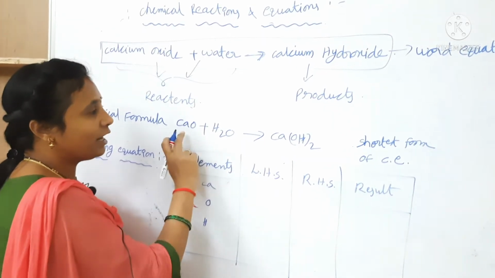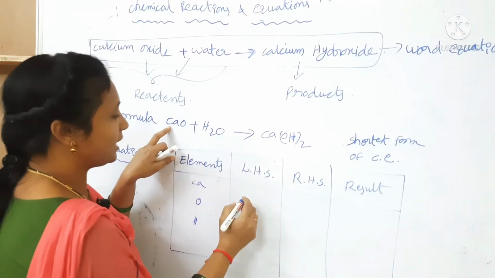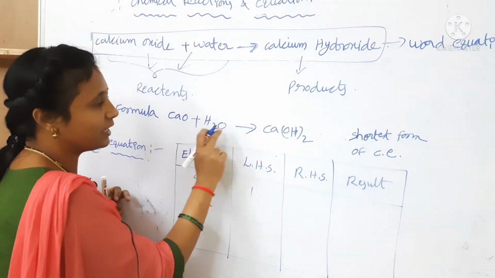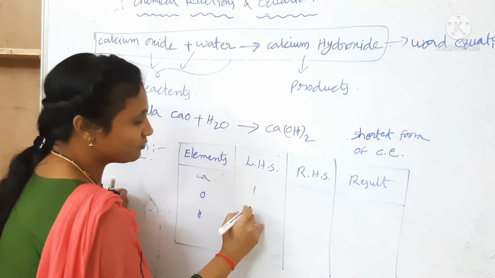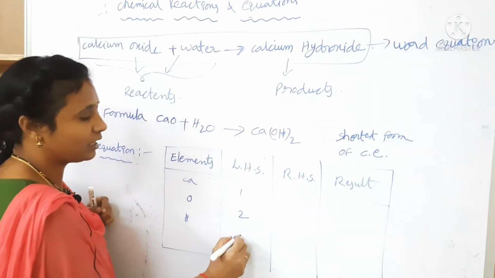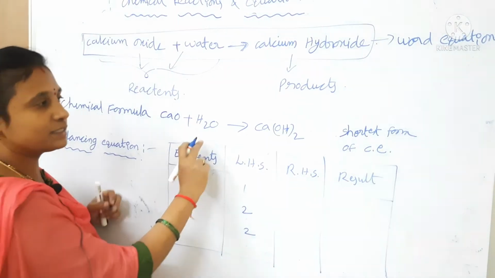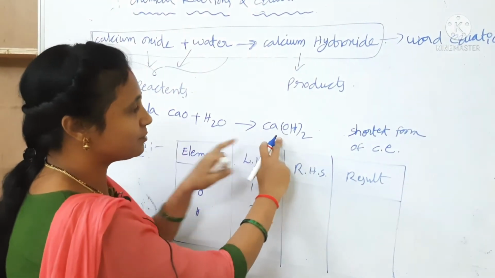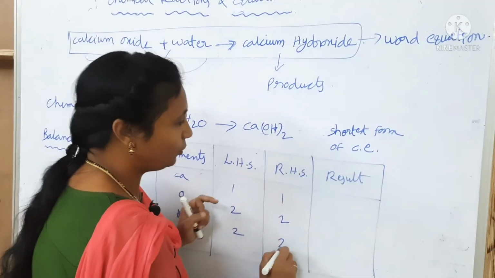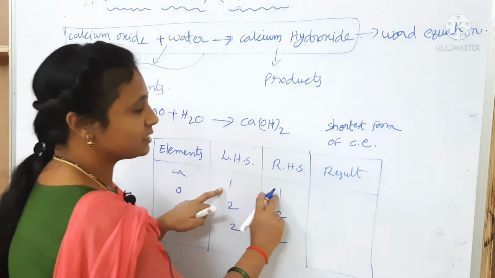Here how many atoms are used for calcium on the LHS? Only 1. How many oxygens are used here? Here the oxygen is 1 and here the oxygen is 1, 1 plus 1 is 2. How many hydrogens are used here? 2 hydrogens. Next, on the RHS, how many calciums are there? Only 1. Oxygens are 2, hydrogens are 2. The result is LHS is equal to RHS.